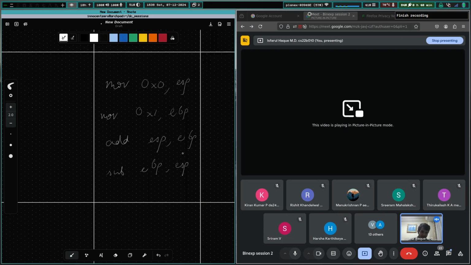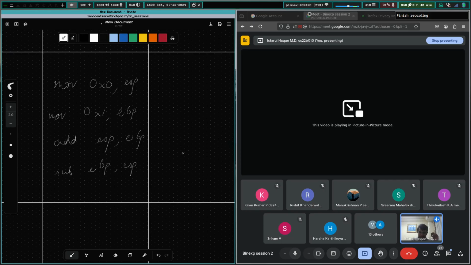Nothing is stopping me from doing that. The point is, it's practically useless because you have four other registers, EAX and the rest, which are explicitly meant for arithmetic.